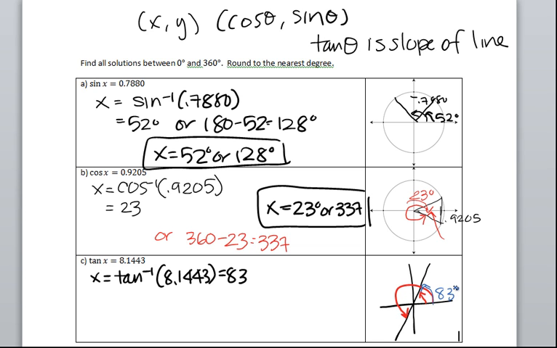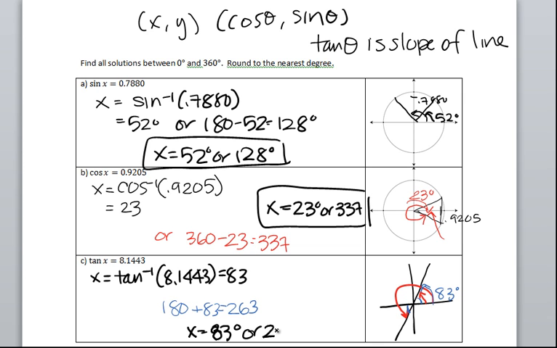How am I going to get the other one? Because vertical angles are congruent, we know that this angle here is congruent to this angle here. So measured from the x-axis, my other angle is going to be 180 degrees plus 83, which is 263. So x is equal to 83 degrees or 263 degrees.